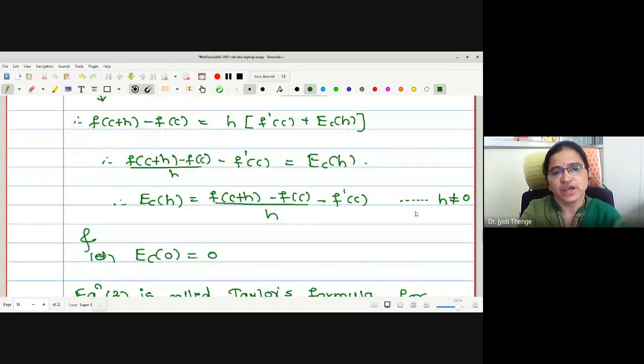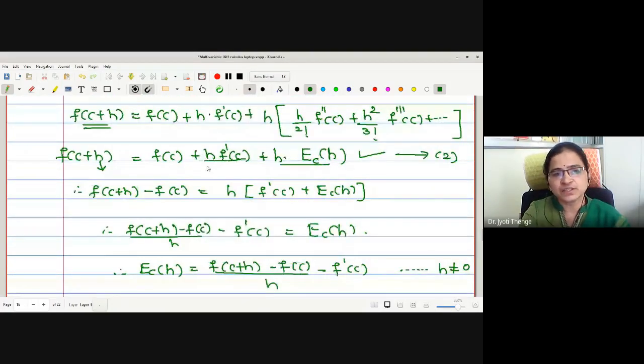In short, one can say this formula helps us to find out the value of a function near to c with the help of h f dash of c, that is the derivative, where the error is this term.